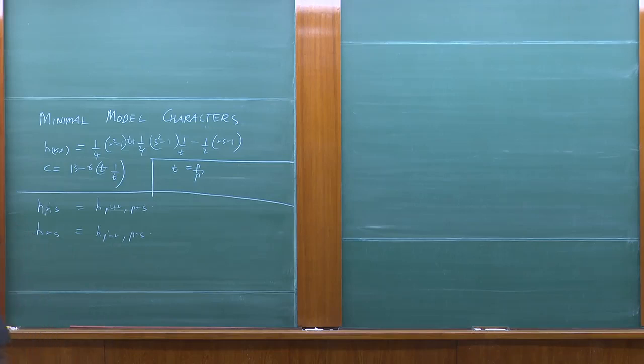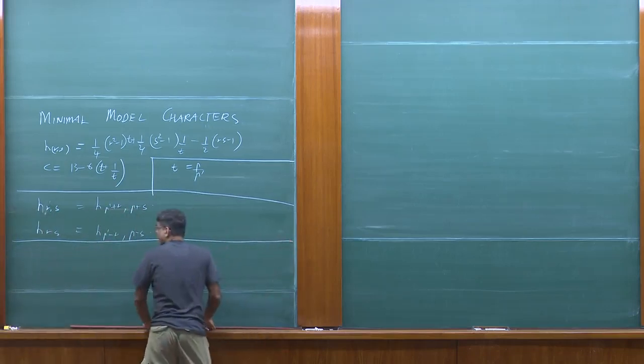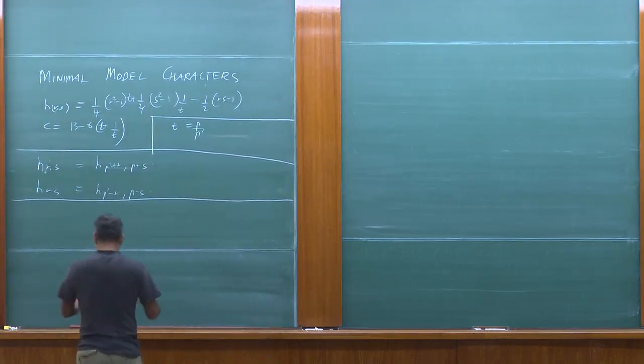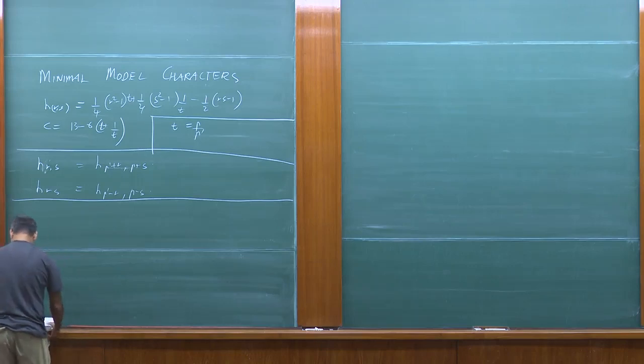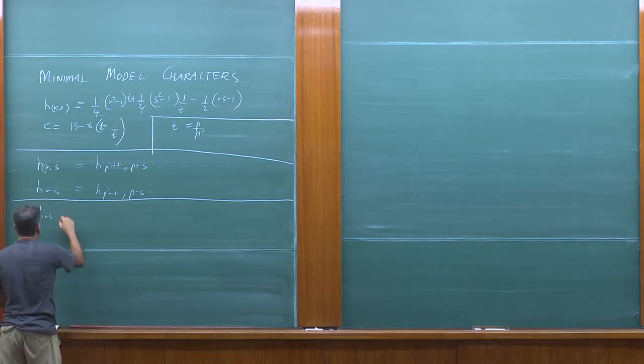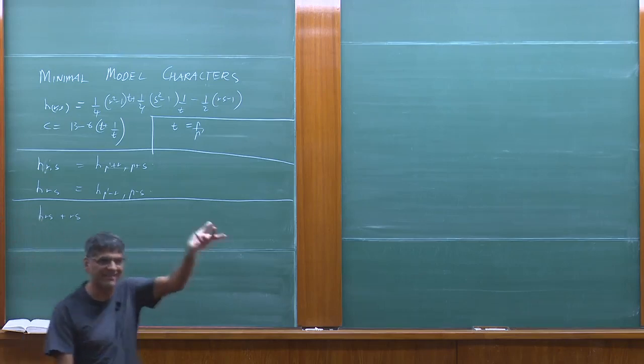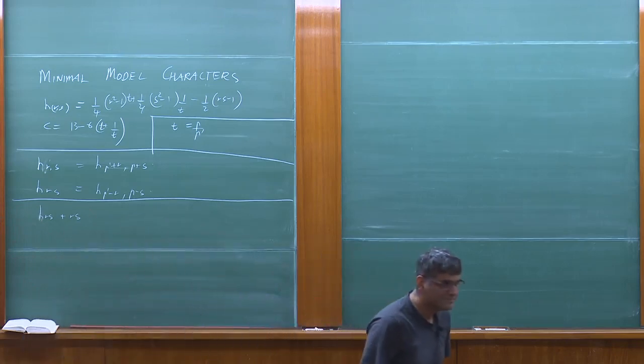This statement was expressed by the following equations: H(R,S) plus RS. So this was the dimension of the null state. You remember the H(R,S) had a null state at level RS. Yeah, last time I didn't understand this label.